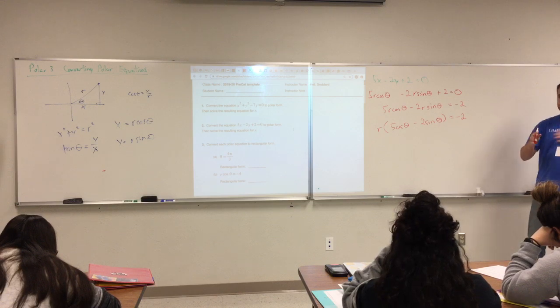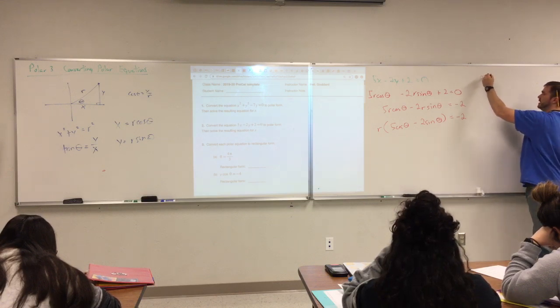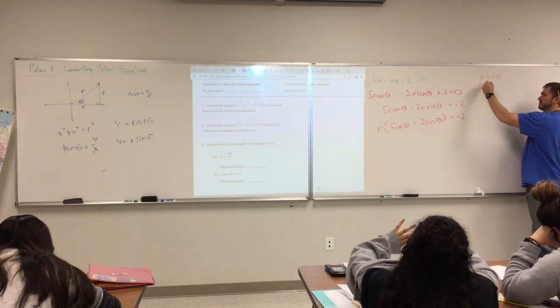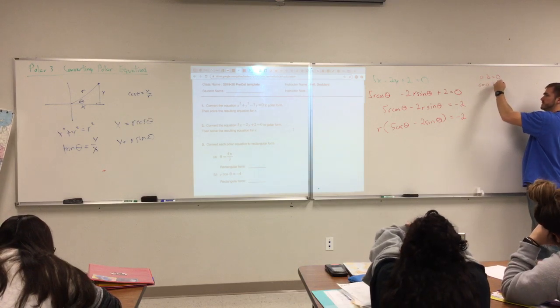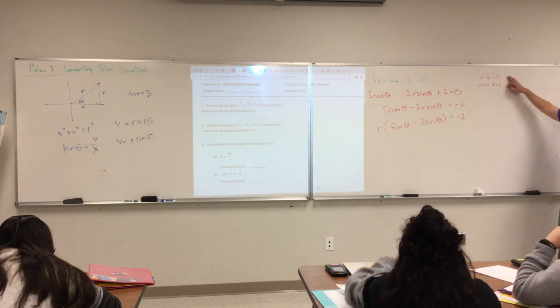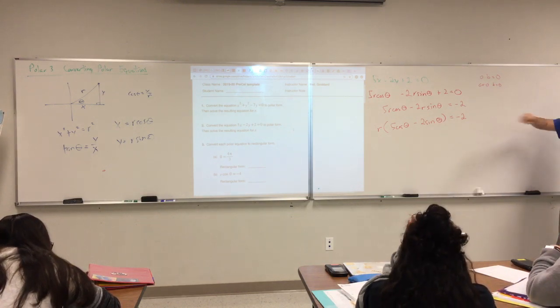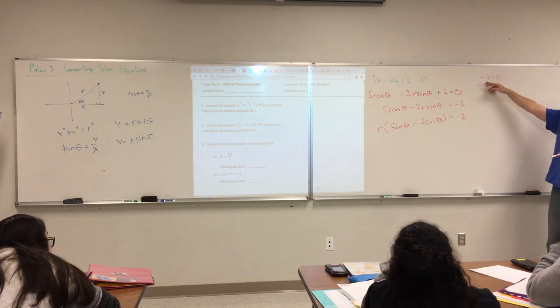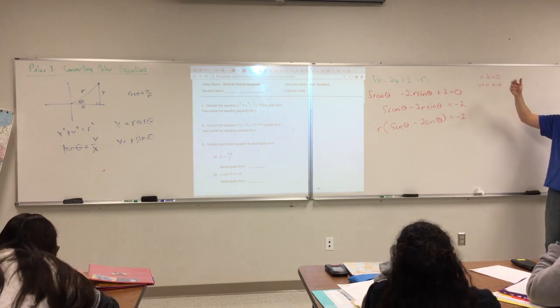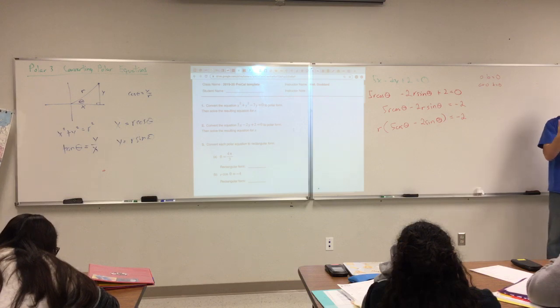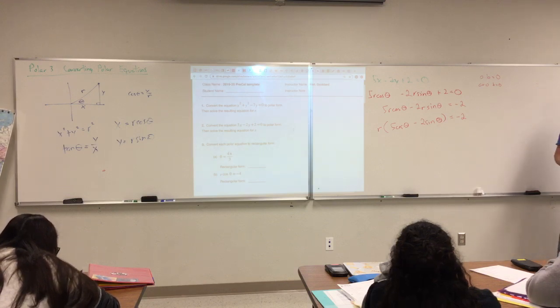Now that little game that we played where you had a times b equals 0, and so then either a equals 0 or b equals 0, that game only works with 0, okay? Because it's a property of 0 that when you have two things that multiply and equal 0, one of them has to equal 0.